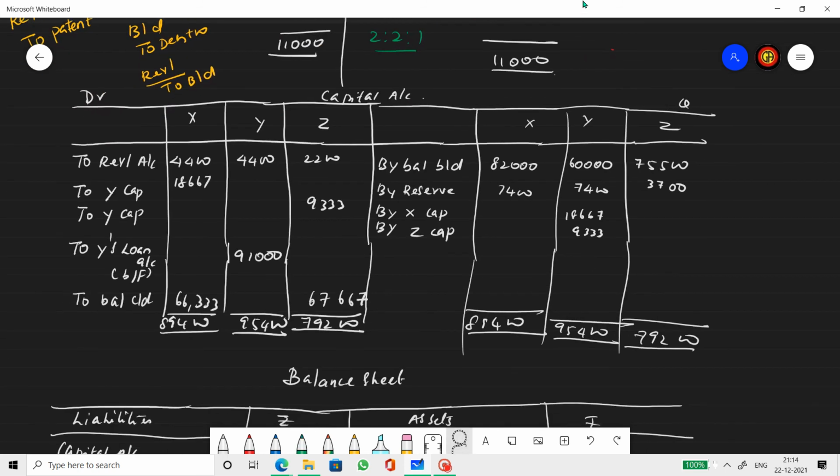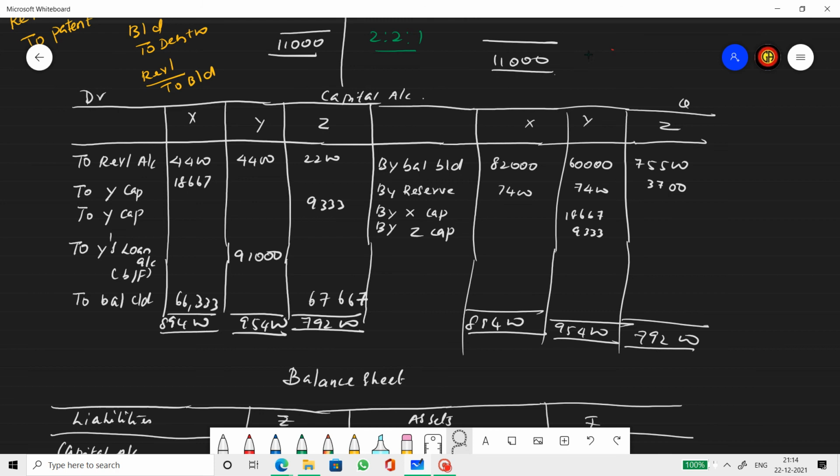When you start with the partners' capital account, as I said, the first entry that we pass is recording the opening entry. So all these figures you can locate in the balance sheet. So X's capital account balance is 82,000, Y's capital account is 60,000, Z's capital account is 75,500. Then transferring the reserve. The journal I've already passed. This is just the posting of the journal by reserve, the respective shares.